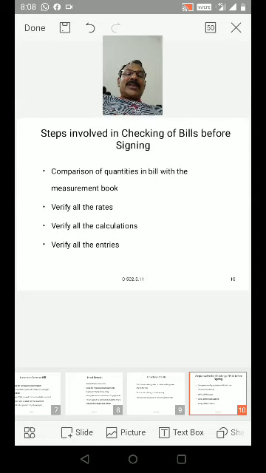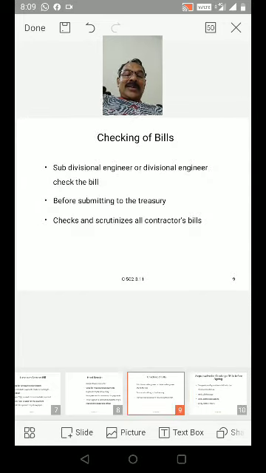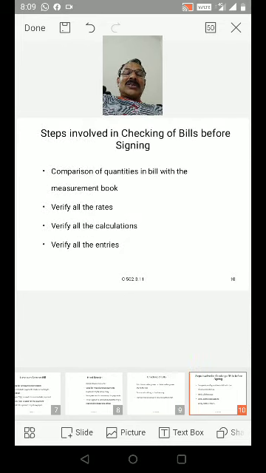The first step: comparison of quantities in the bill with the measurement book, the M book. Whatever bills the contractors submit, they compare with the measurement book, where measurements are noted.